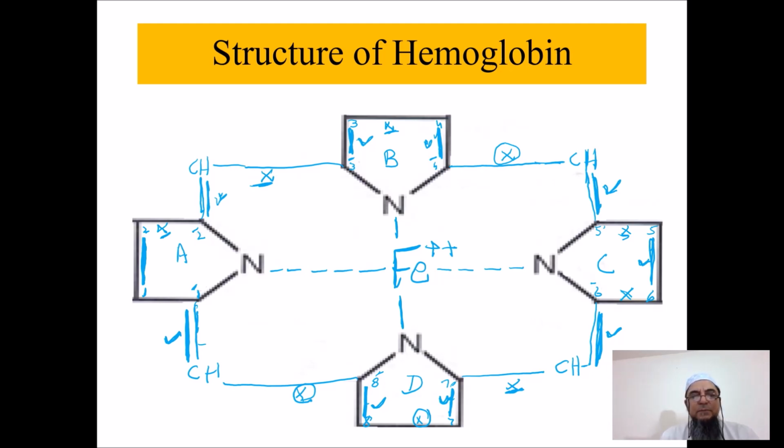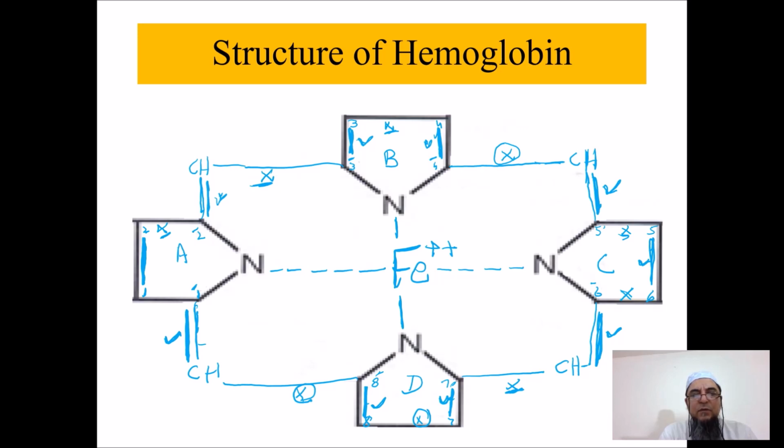Now let's add the other few points that we have seen in the previous session. If you want, I can give you a quick review of this. We have 4 pyrrole rings, A, B, C, and D, and we divide the pyrrole ring into 2 components: one is the inner component, another is the outer one.